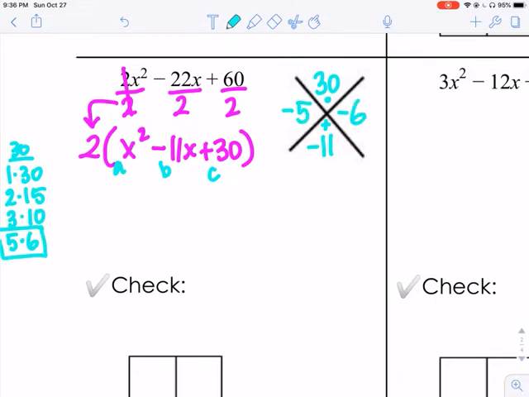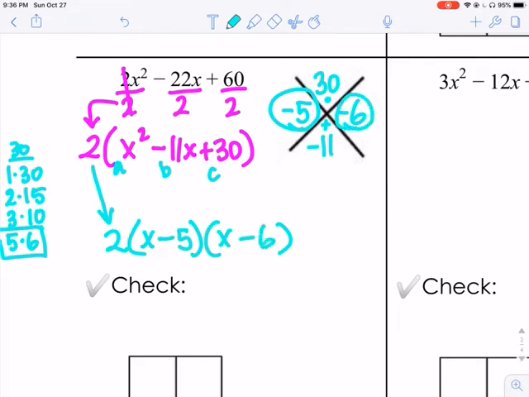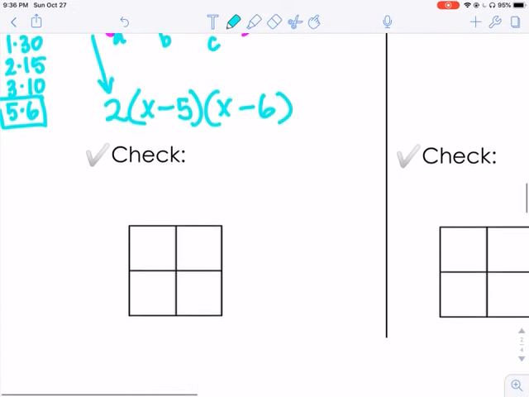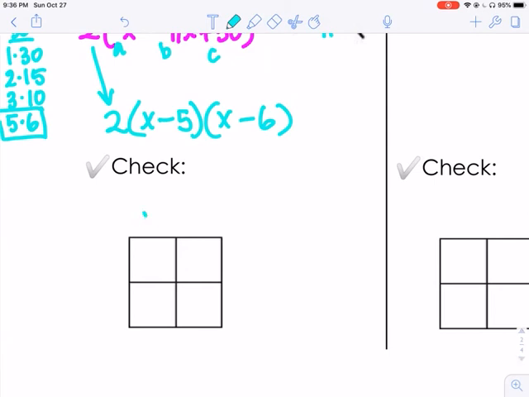So I know that the 2 is coming straight down. And I have two parentheses, x here, and I have negative 5, minus 5, and negative 6, minus 6. I can always double check in my box. So I'm going to put x minus 5, x minus 6, x squared, negative 5x, negative 6x, and 30.